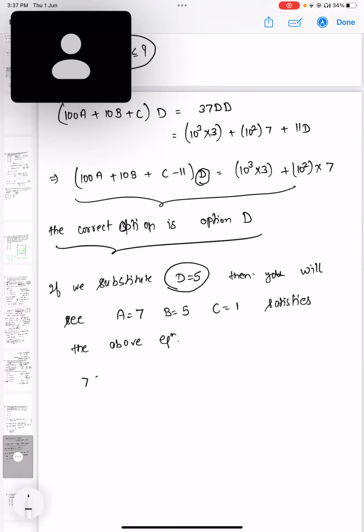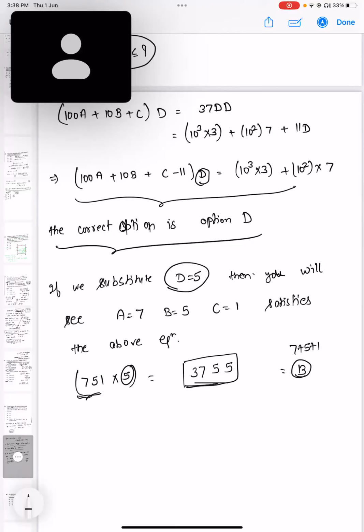Or you can see 751 into 5 is equal to 3755, which was given, that a number ABC when multiplied with some number D gives 37DD. And if you add these digits, 7 plus 5 plus 1, it comes out to be 13. And the given options are 15, 16, and 18. So again, we can't determine the number ABC by the given data.